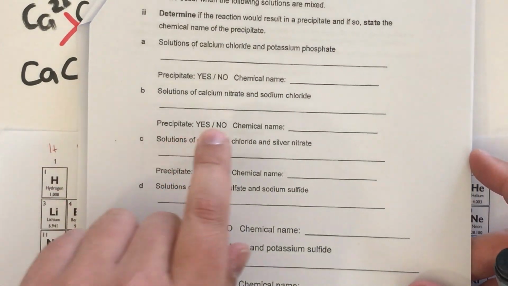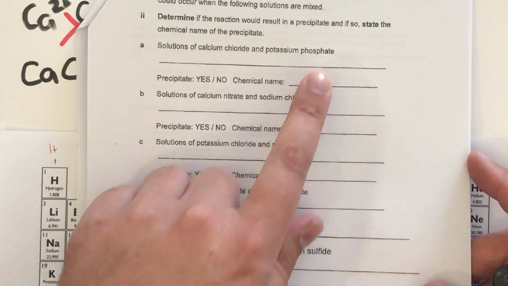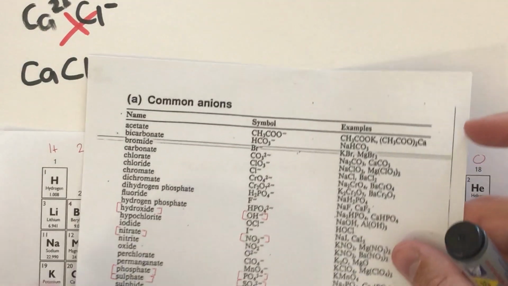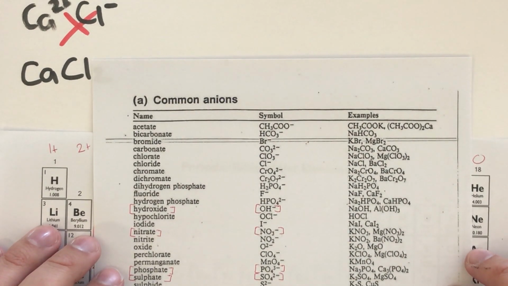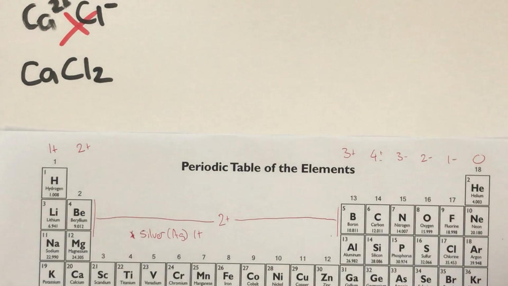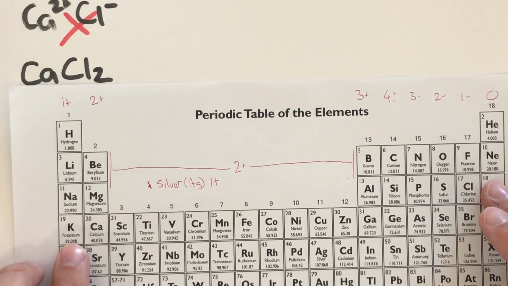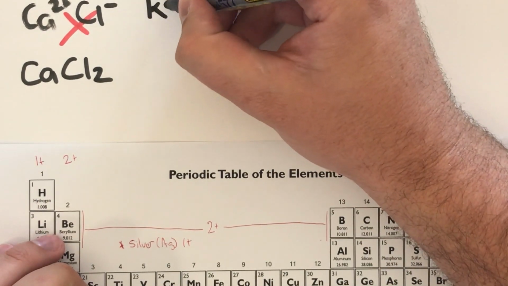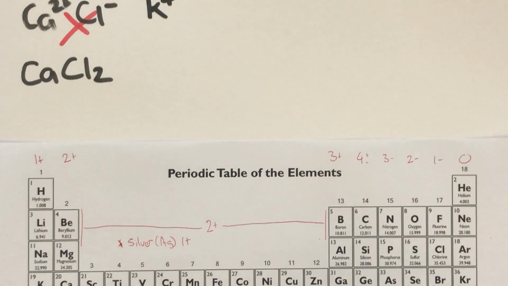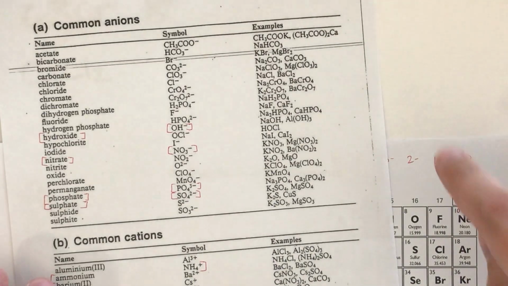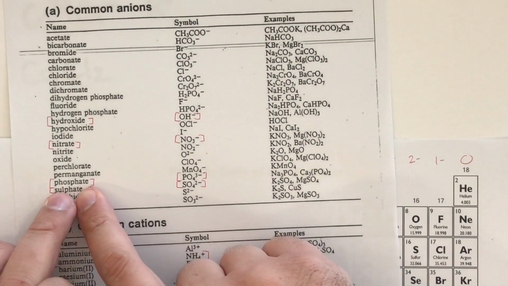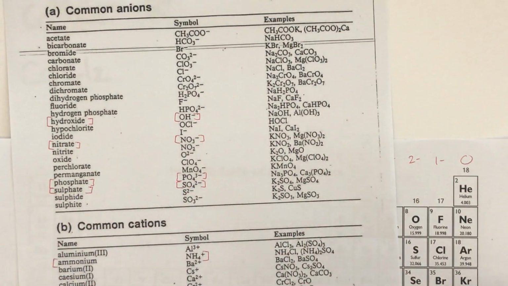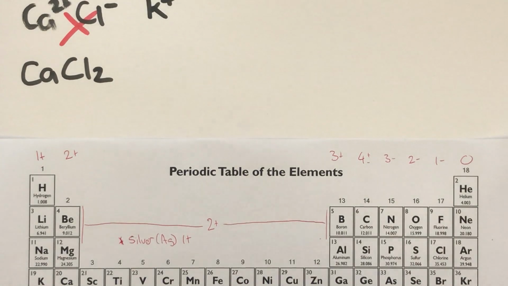And we're also going to look at potassium phosphate. So for this one, we're going to need our common anions and common cation sheet as well. Now potassium is here on the periodic table, 1+, so let's go K+. And then phosphate is on our anion sheet here, down the bottom. Phosphate is PO4 with a valency of 3-.